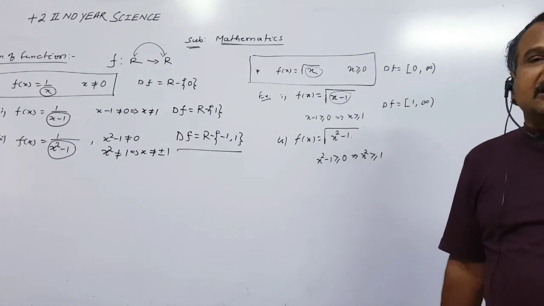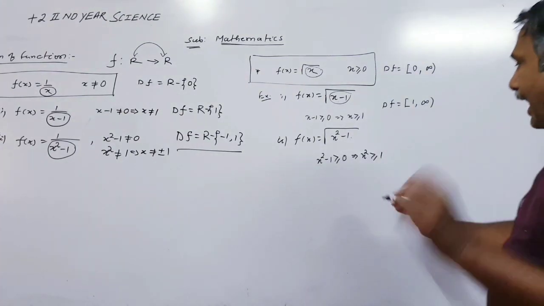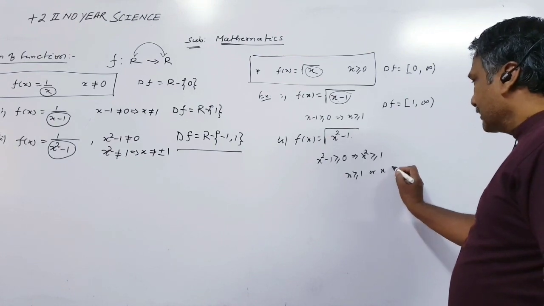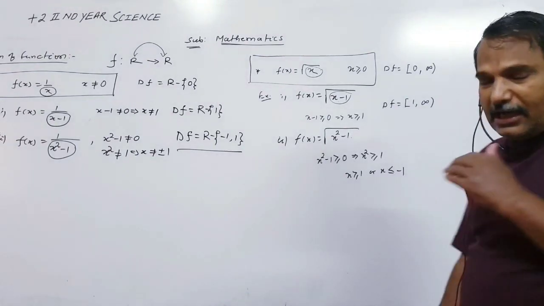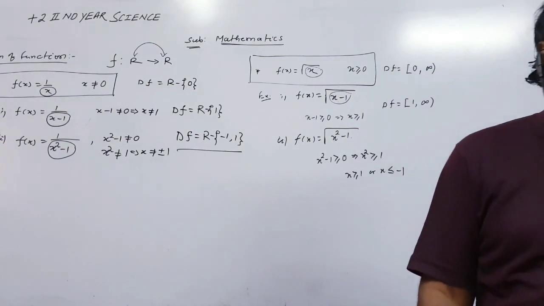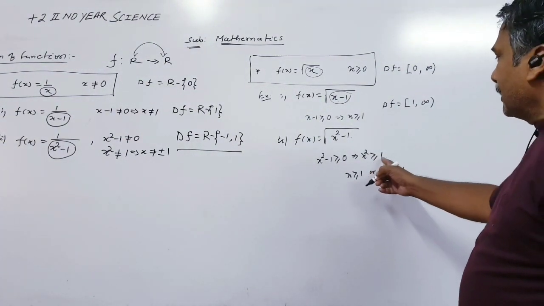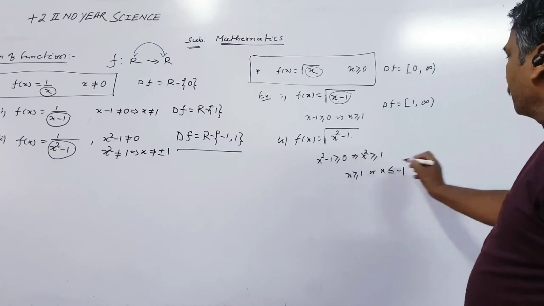What is the value of x? Either x is greater than or equal to 1 or x is less than or equal to minus 1. Less than minus 1, like minus 2, minus 3 or minus something, but its square is always greater than or equal to 1.